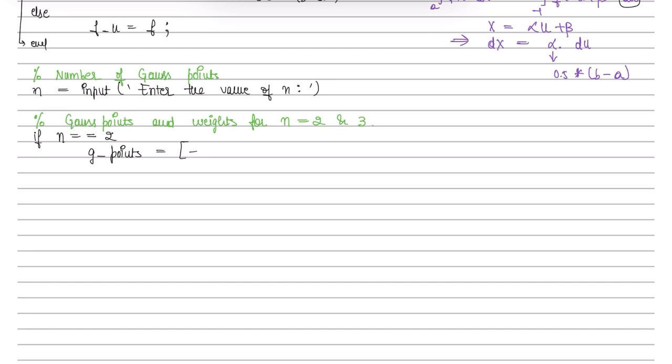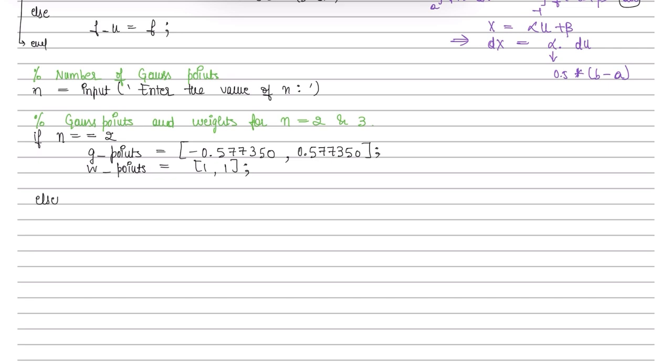Numerically, we can write it as 0.577350. And the corresponding weight points are 1 and 1 only. You can also skip the comma here and replace it with the space.